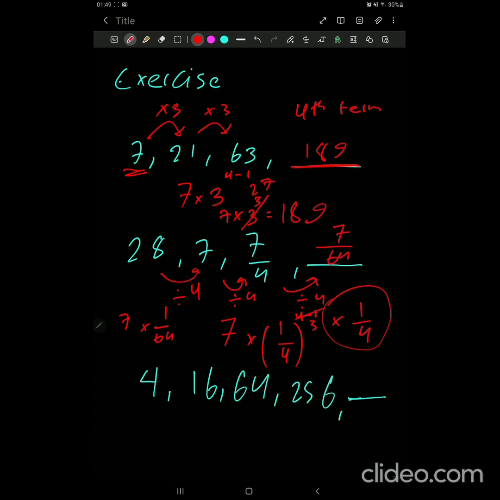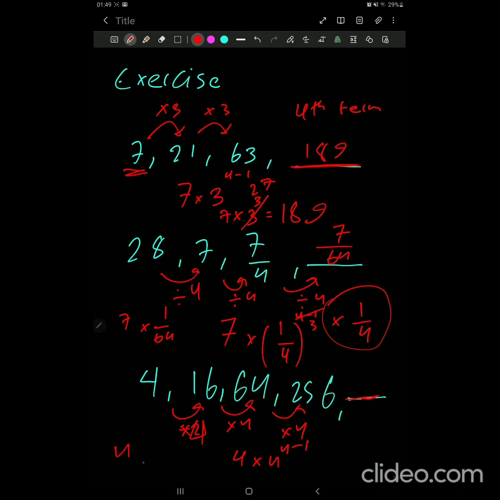The last one, 4, 16, 64, it's just times 4. The first term will be 4, the ratio will also be 4. We want to find the fourth term, it will be 4 minus 1.